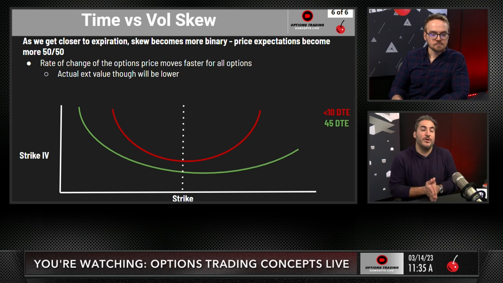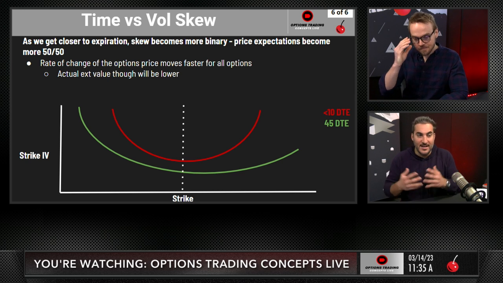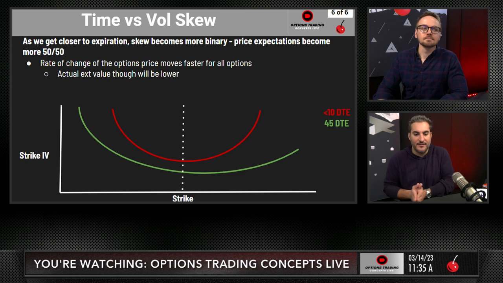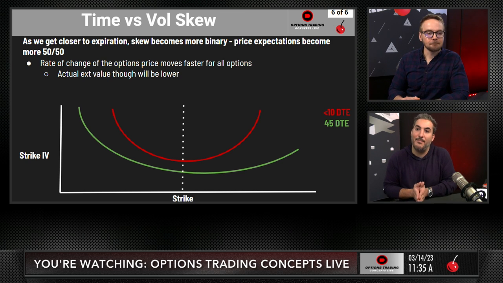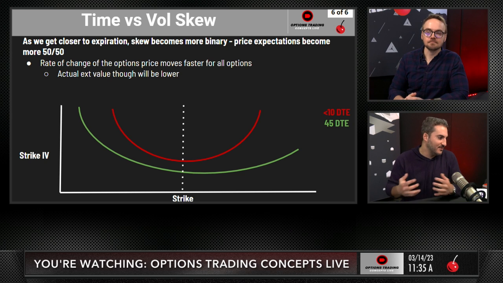When you're looking at shorter duration options, let's say 1 day or 3 days or even 7 or 10 days, you don't have that. The probability of that happening is much smaller, and therefore the volatility of that underlying is projected to be a 50-50 shot, and thus you see not much of a skew in the short term unless there's a binary event coming in.